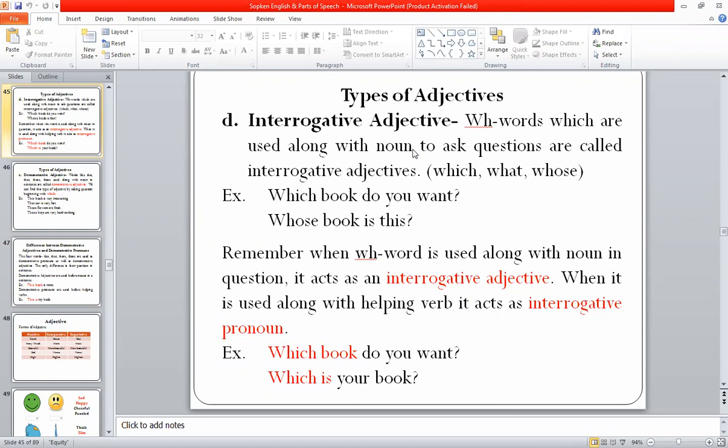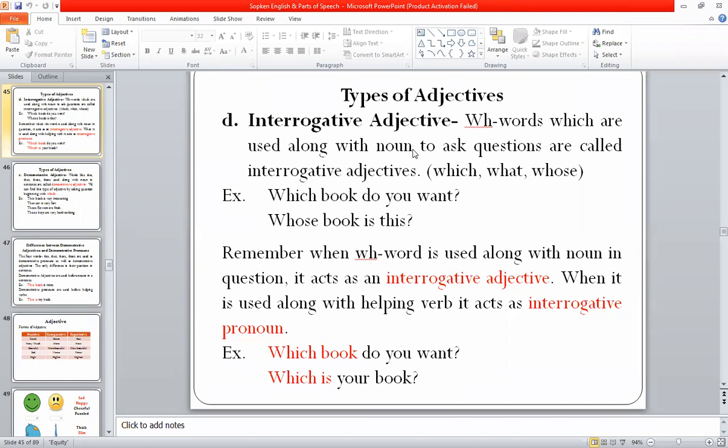Is is a helping verb in this sentence, and is comes after the interrogative word which, but which here is identified as an interrogative pronoun. So this is the difference.